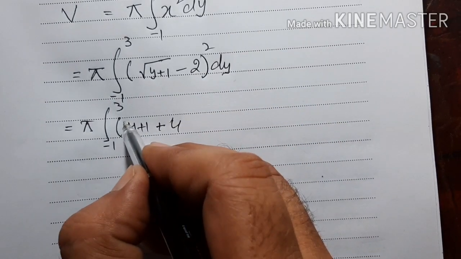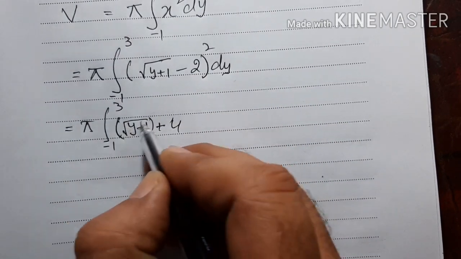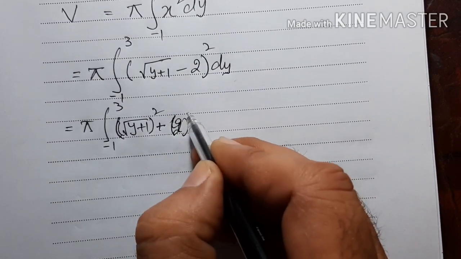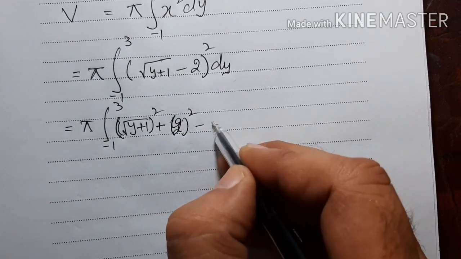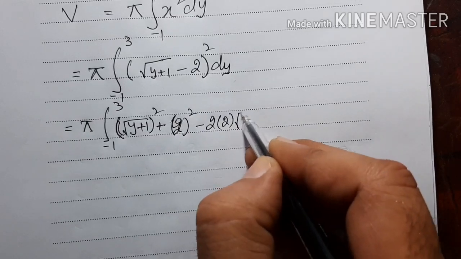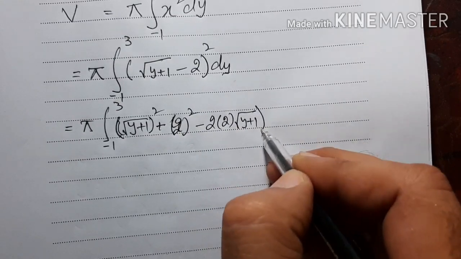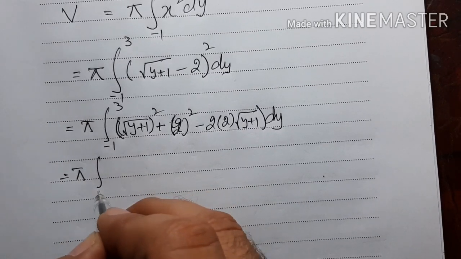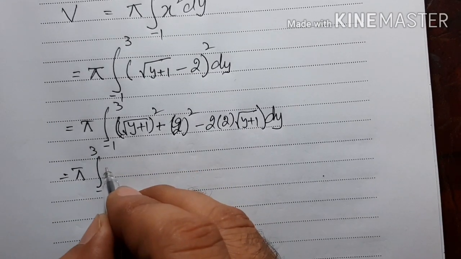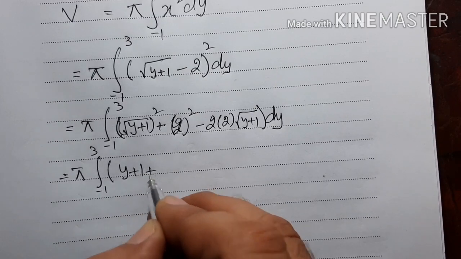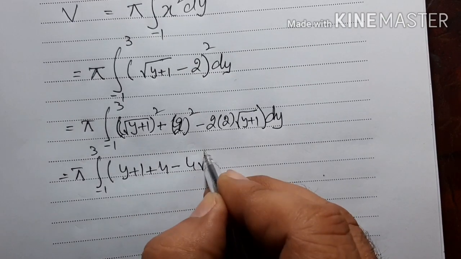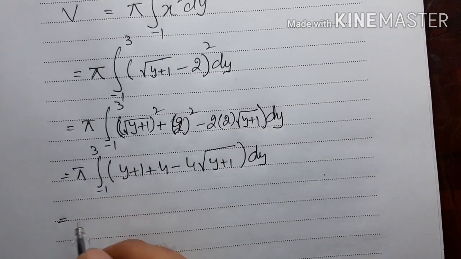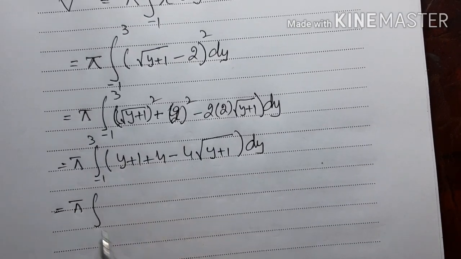I can write it like this for your convenience. This is π ∫ from -1 to 3 of (y + 1 + 4 - 4√(y + 1)) dy.